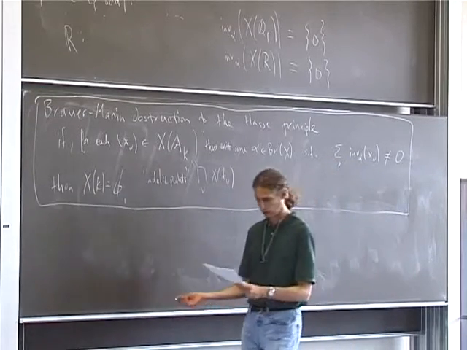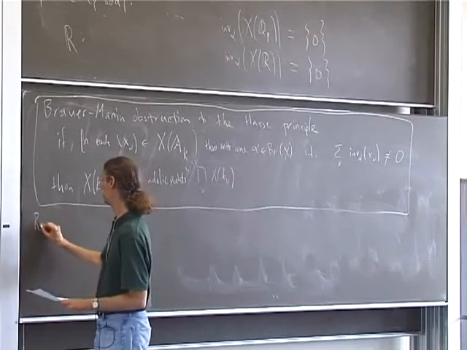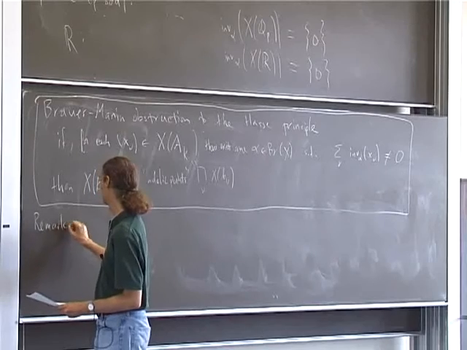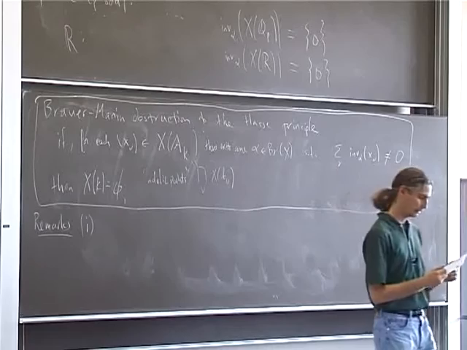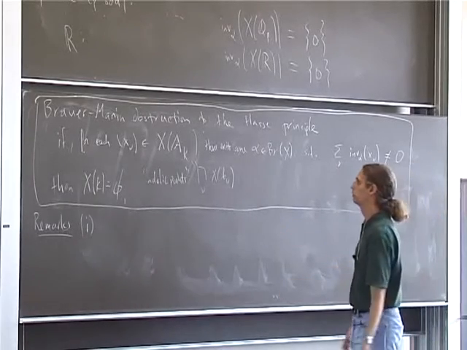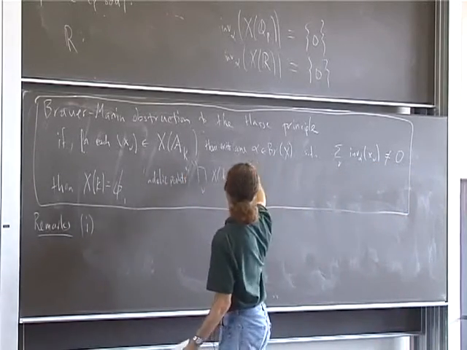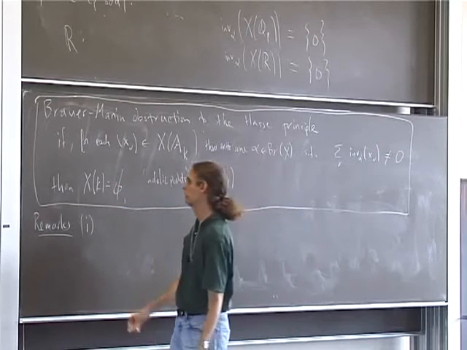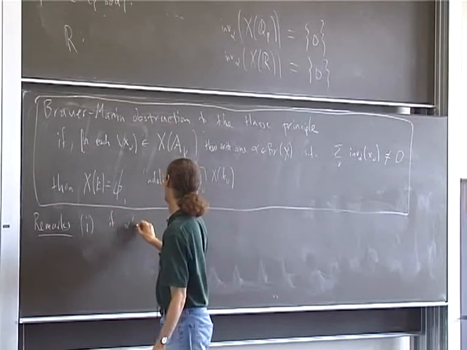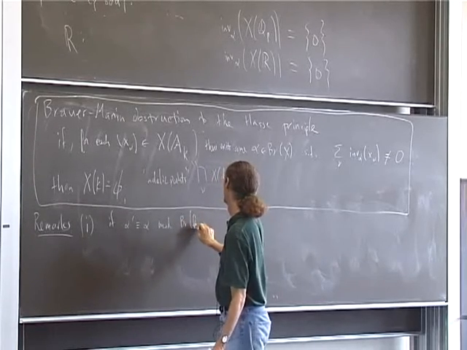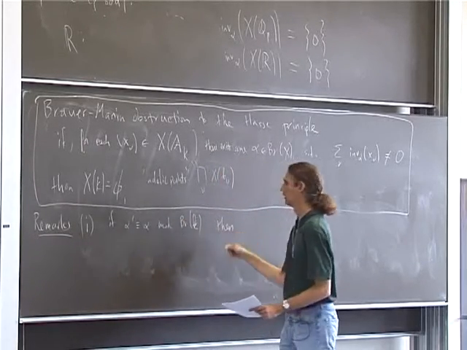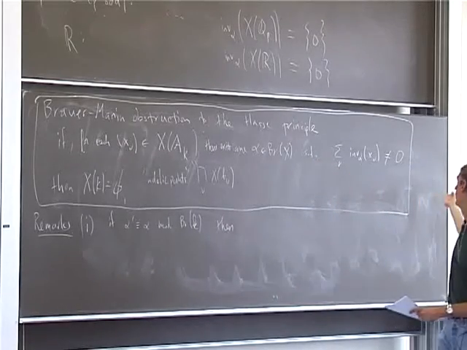Okay, now let's see, two remarks. The first is obvious and the second is a little bit less obvious. The obvious remark is that if you change alpha by an element of Brauer K, then the sum of local invariants is the same.